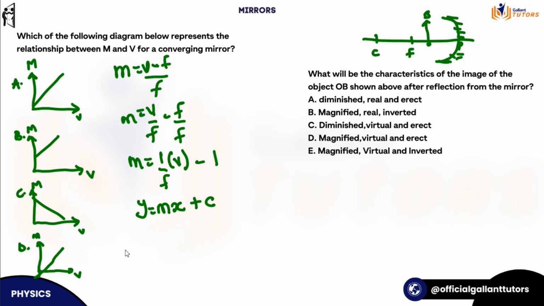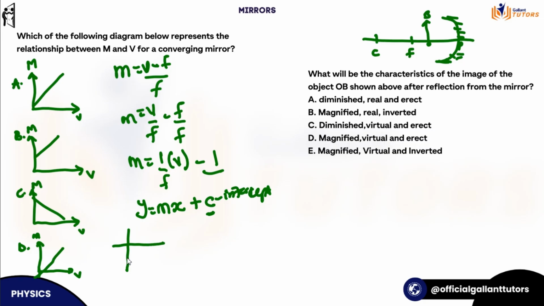Our x will be V, that's true for everything. But now we don't know what the slope will be. How do we get it? We actually get it from this part. This is what's called the intercept, right? It's the point at which it crosses the y-axis. Are you getting it? So now the intercept is actually -1.